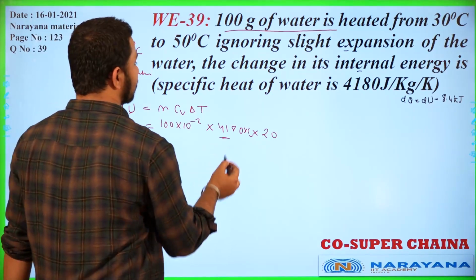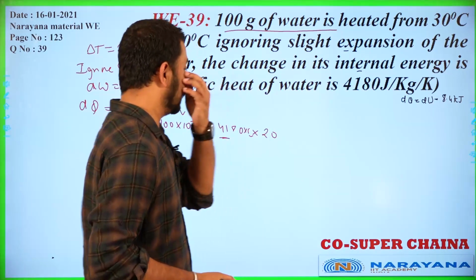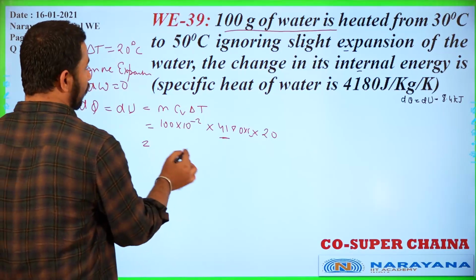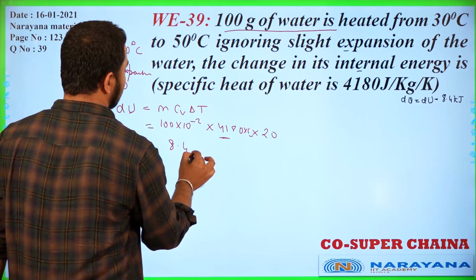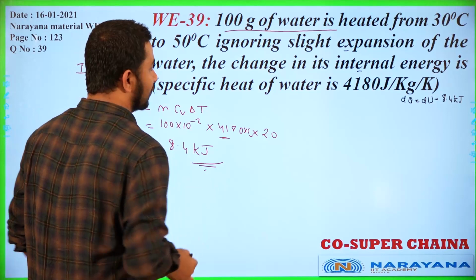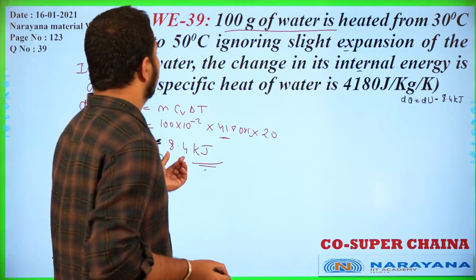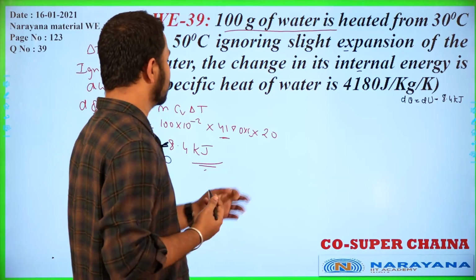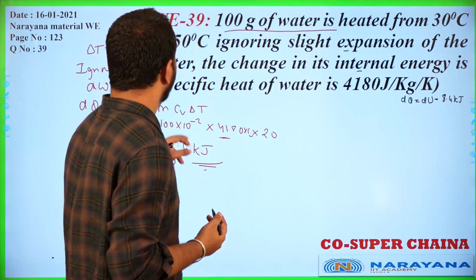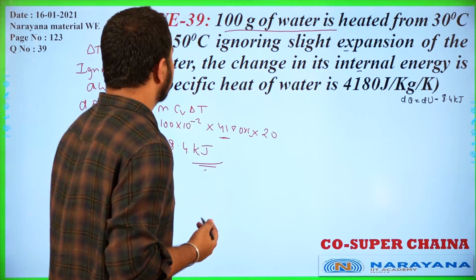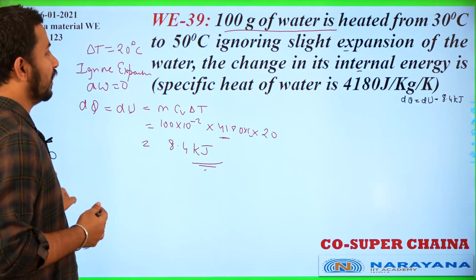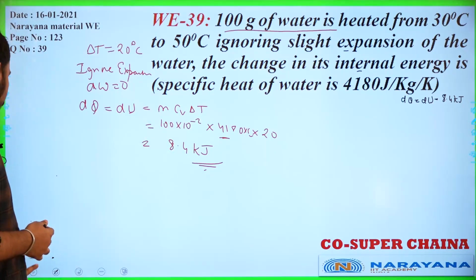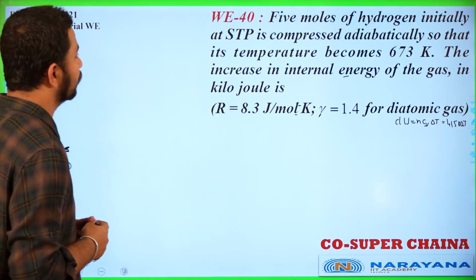We have to convert this into joule per kg per Kelvin. If you plug in all these values, we will get the answer in kilojoule. That will be the required answer. So that's all we have to do in this question. Let's proceed to the next question.